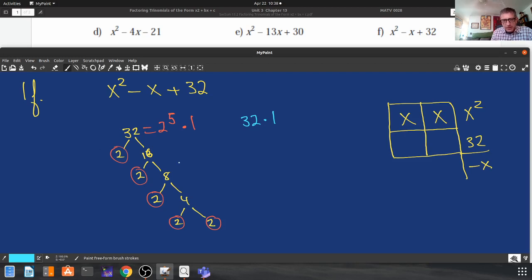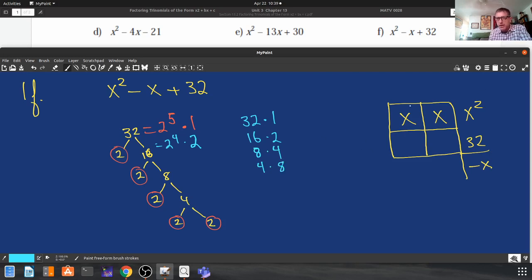Here, I can do 2 to the 4th times 2. So 16 times 2, etc. So I get a lot of different factors to give me 32: divide by 2, multiply by 2, and so on.